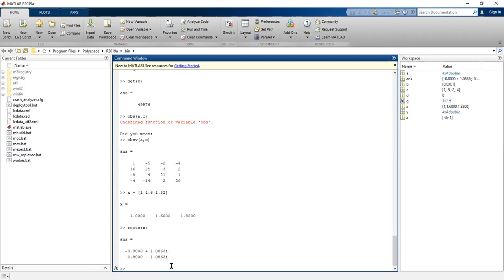The roots are negative 0.8 plus or minus a complex part. Remember now, it's a 3 by 3 situation we have, so the desired roots are negative 0.8, negative 0.8, and a third.